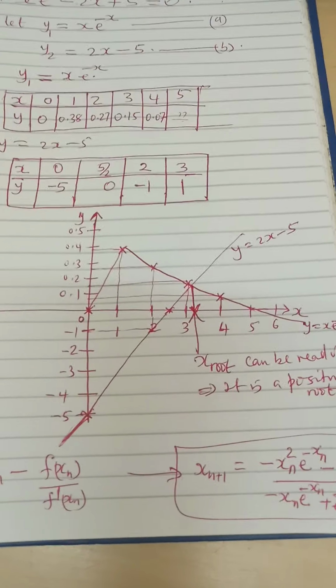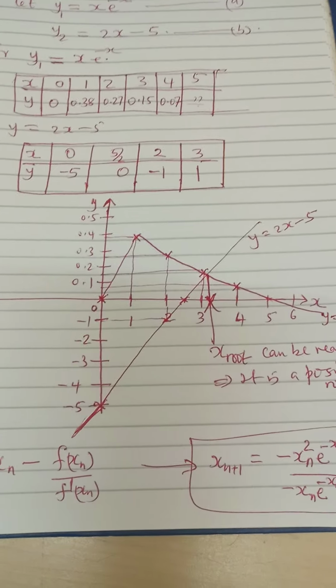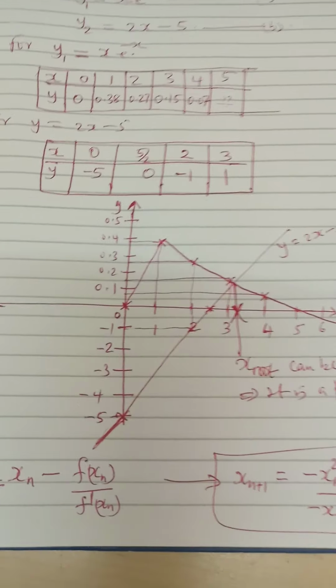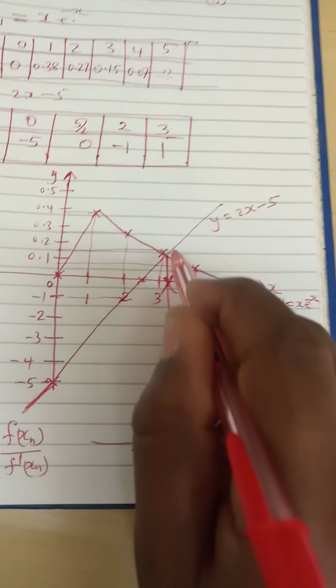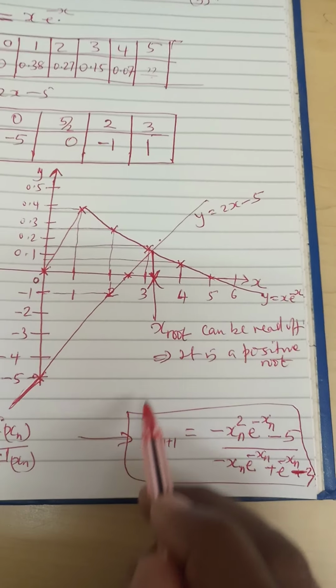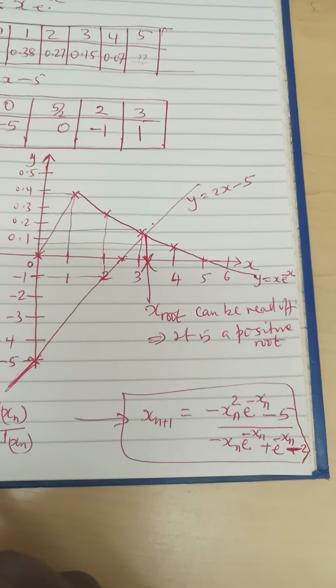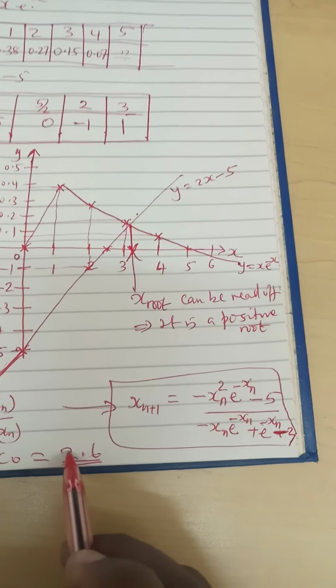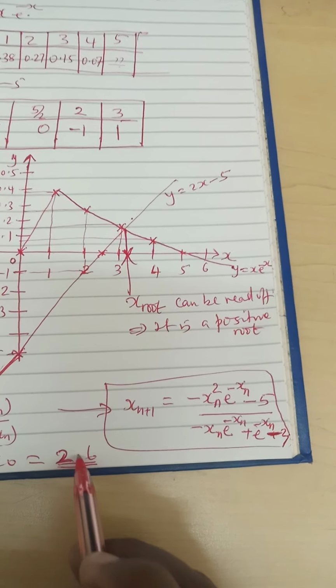And like we said, they are challenging you to find from the graph the approximate value. From your graph, if you are accurate, your first approximation should be approximately 2.6 if you have drawn it accurately.